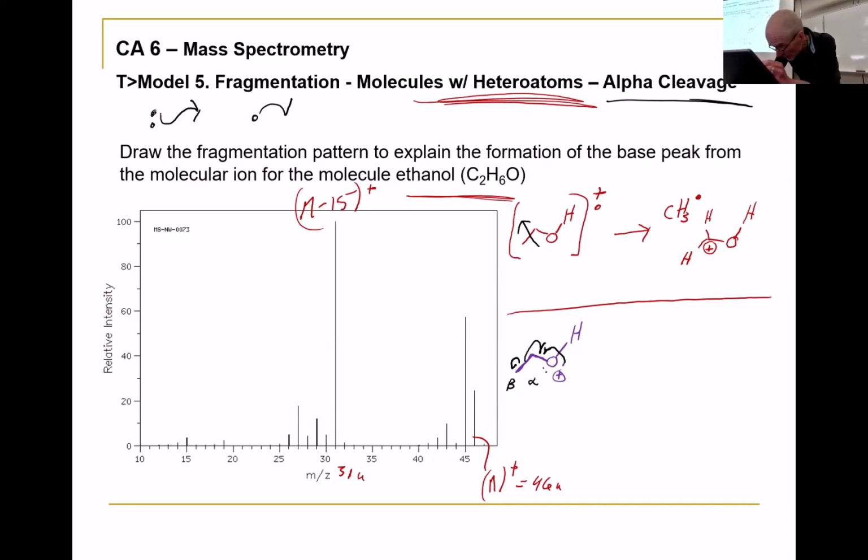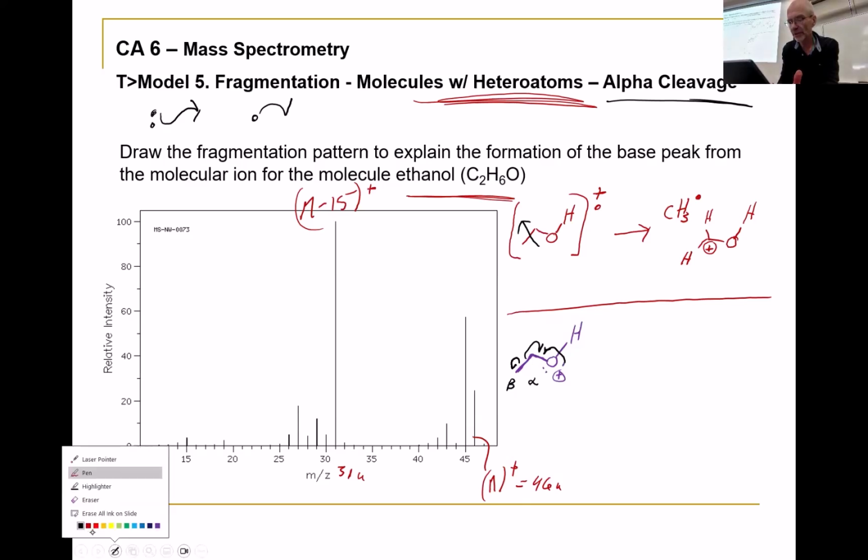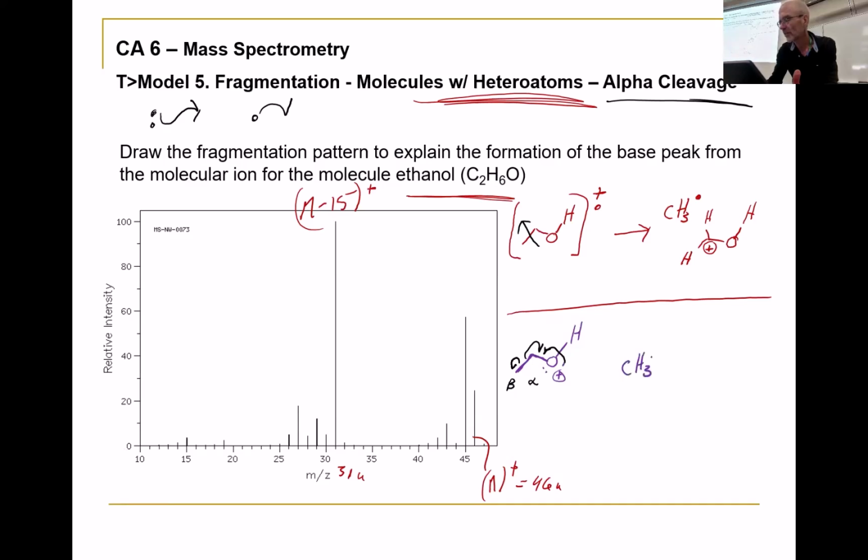So those are meant to be single barbed arrows. The end result here is effectively the same thing. So we end up with this CH3 radical, and we end up with a double bond, oxygen plus, and just for the record, that's a CH like this.